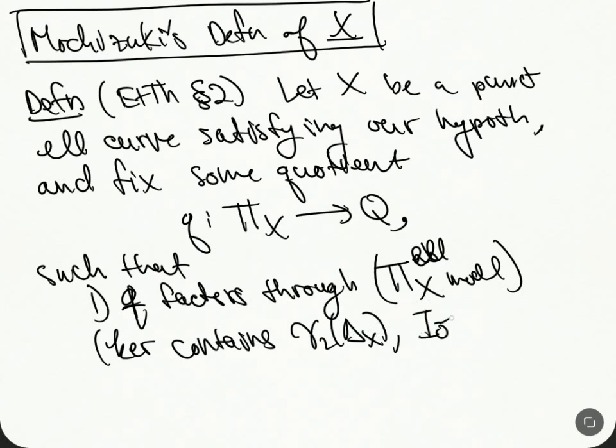It's I tilde over O, the inertia group of the origin. It also contains delta of X to the L, the L-th powers, and then you span this and make this a normal subgroup. So you have this quotient, and it factors through the quotient of pi of X by all this stuff.